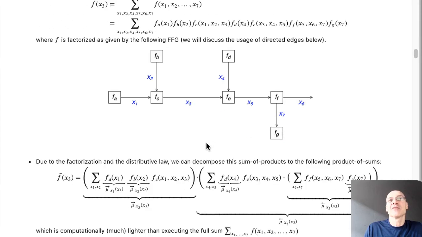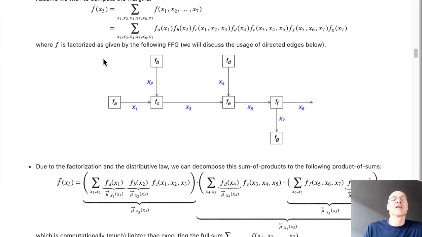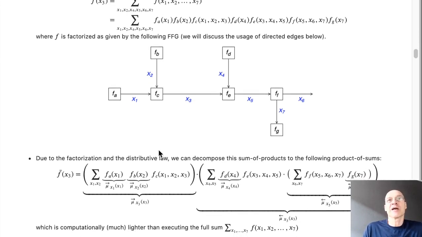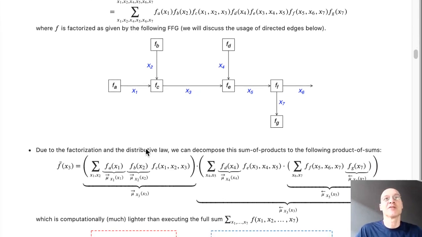And we've done that because we have been moving some of these functions over the summation signs using the distributive law, basically. You can do this algebraically, but there is a visual or graphical interpretation to what we've done.